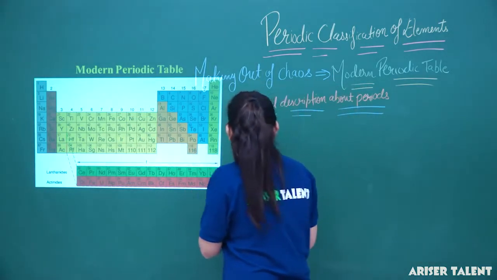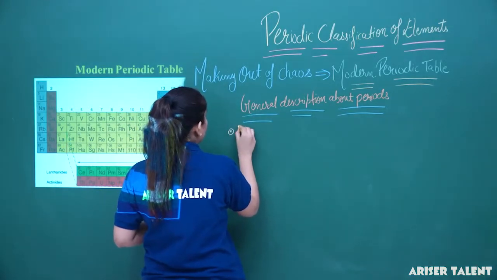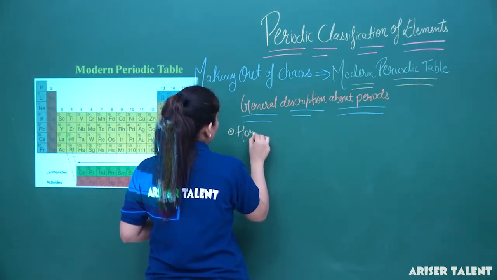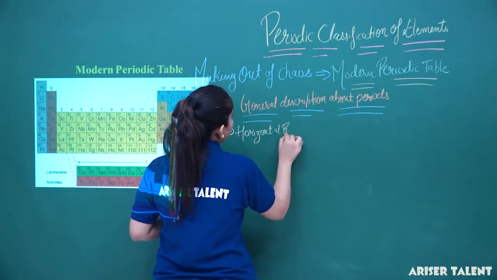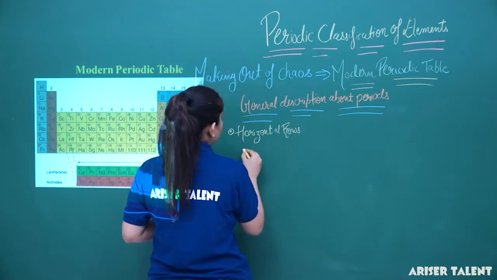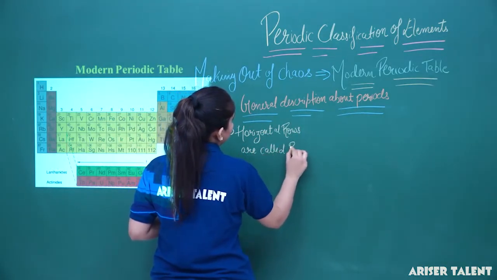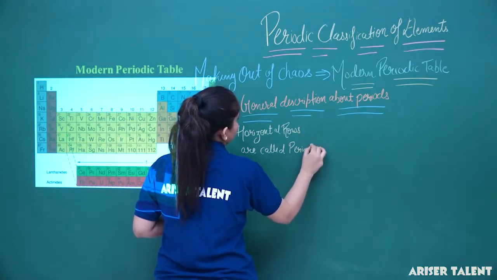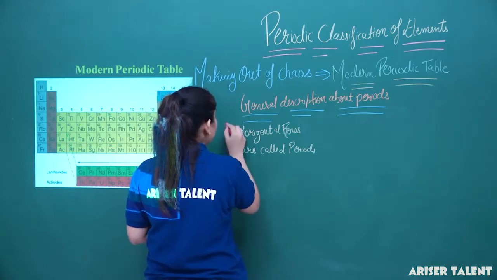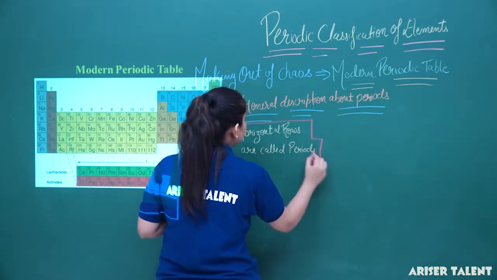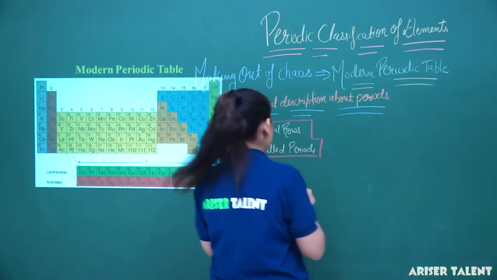So the first point I can write here: horizontal rows are called periods. The horizontal rows are known as periods, and there are 7 periods in the modern periodic table.